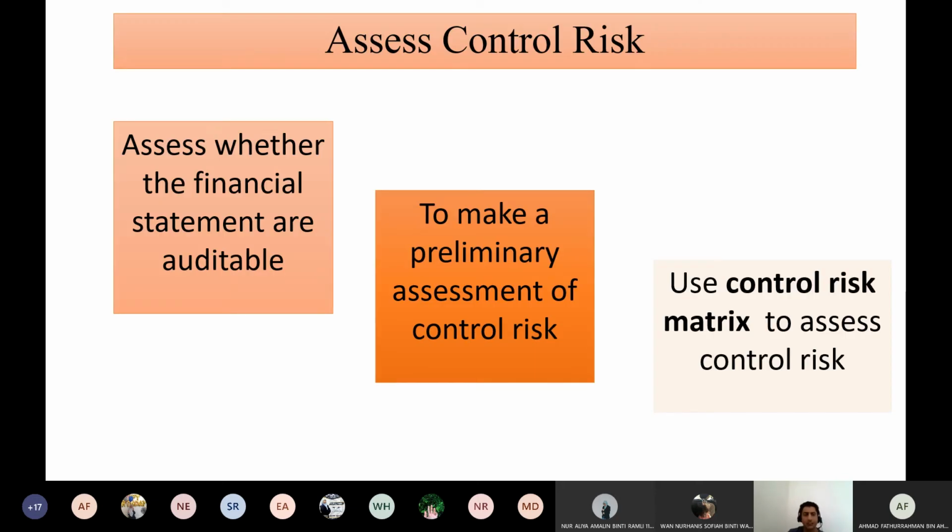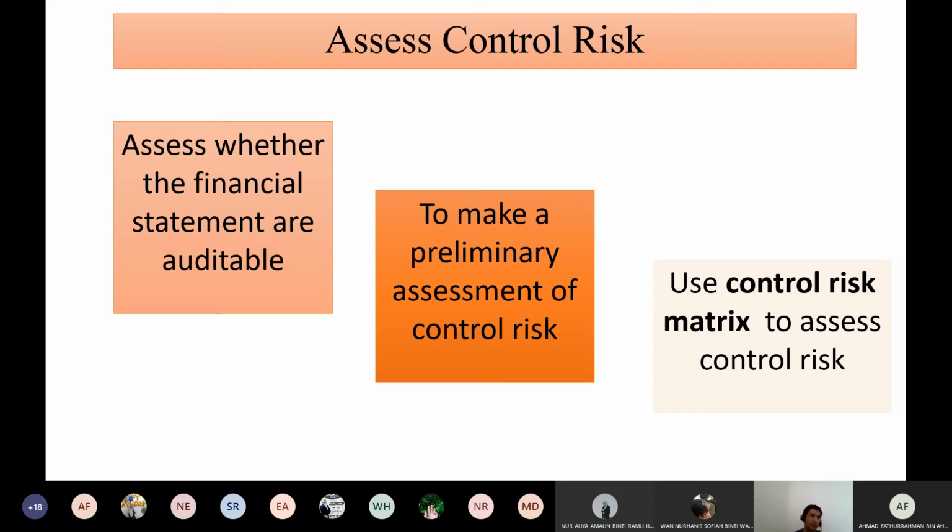We need to assess whether the financial statements are auditable. When we say auditable or not, it means sometimes some companies have very weak internal control, to the point we cannot rely on the financial statement figures that they provide.